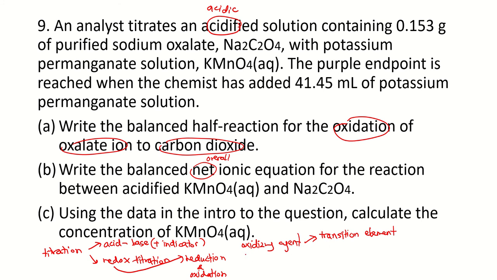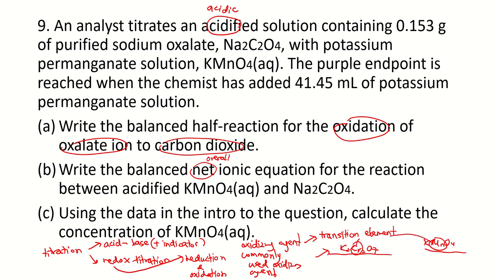So the commonly used oxidizing agents are, first, potassium dichromate, and second, potassium permanganate. Potassium dichromate consists of chromium, which is a transition element, and potassium permanganate consists of manganese, which is also a transition element.